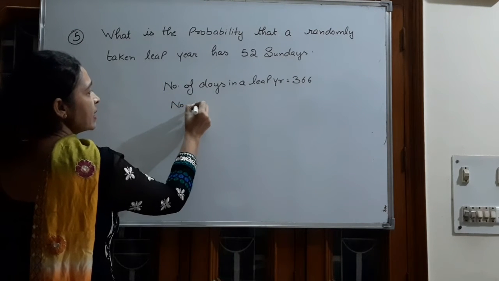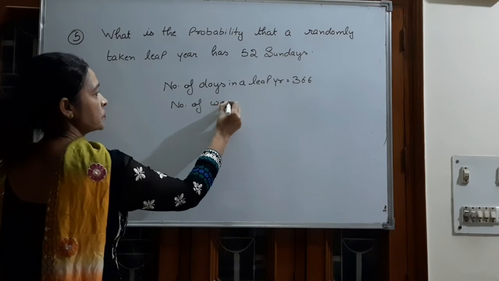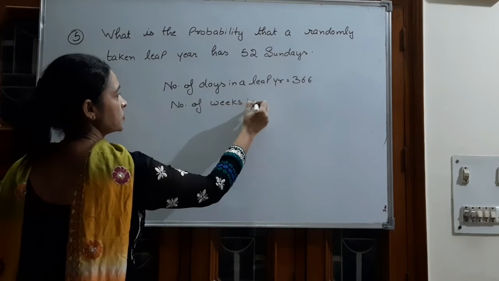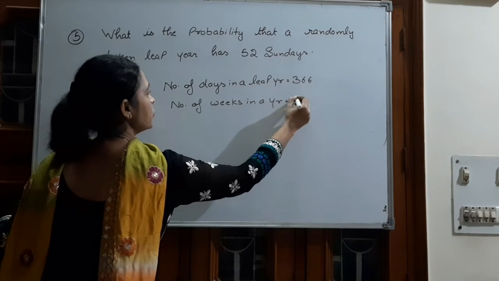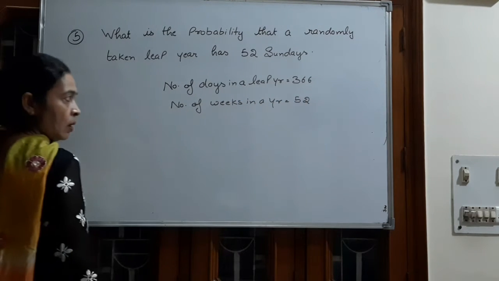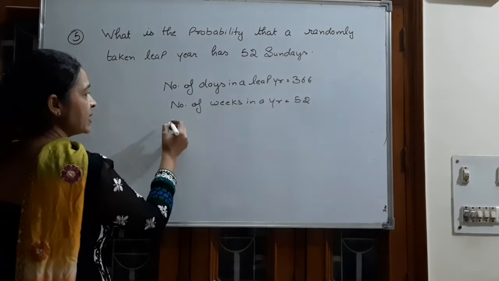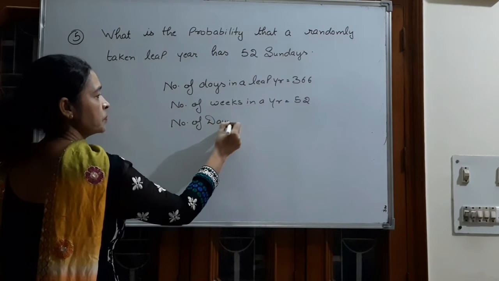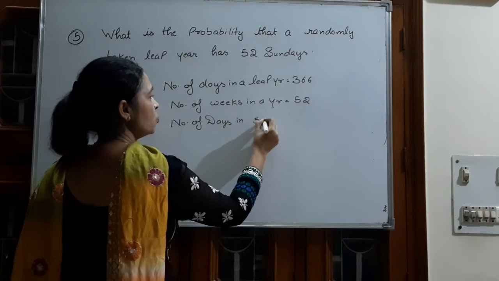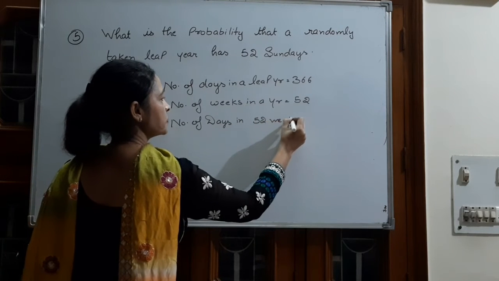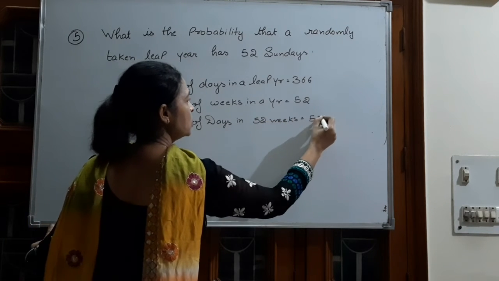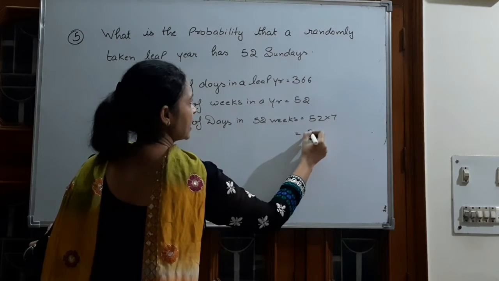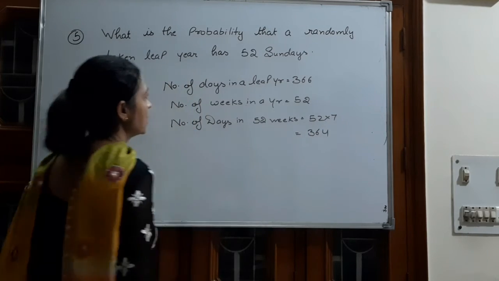The number of weeks in a year are 52. Each week has 7 days. Therefore, the number of days in 52 weeks will be 52 into 7, that is 364.